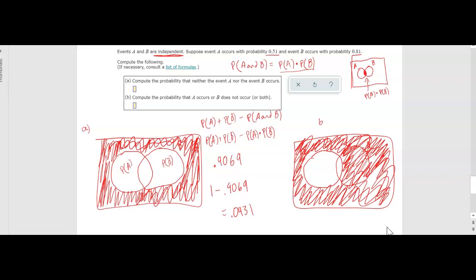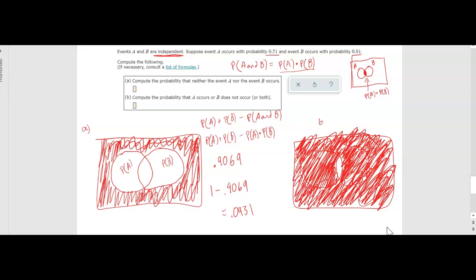And then same thing goes with B, so anything that's not in B, well, that's everything over here except the overlapping region. So what you should notice is that if it's one or the other, or both, it is everything except our overlapping region. Okay? So everything is going to be shaded except the overlapping region in this problem.